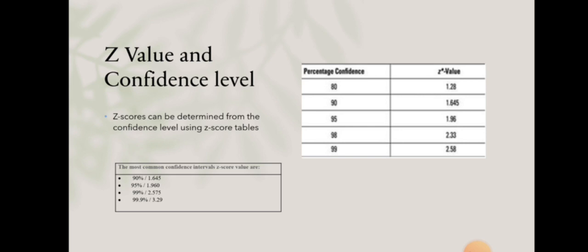For our case, we use 95% confidence. If the percentage confidence is 95%, we use the Z score value 1.96.